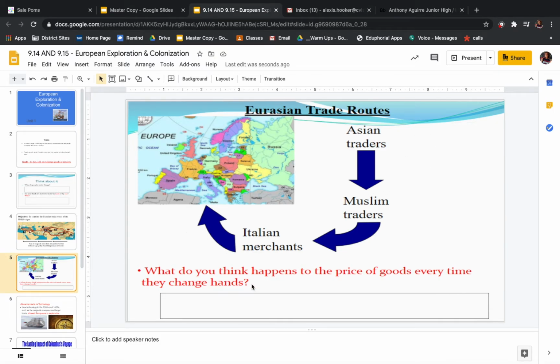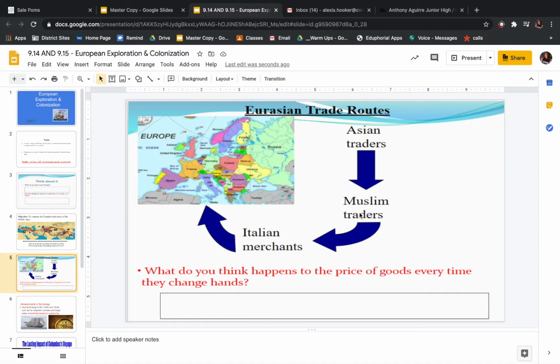So what do you think happens to the price of goods every time they exchange hands? So let's say several food items that we don't already have in Europe are only grown in Asia. So the Asian people have to grow this product, pick this product, package it, okay? Because they did all that work, the Muslims have to pay them a certain amount.